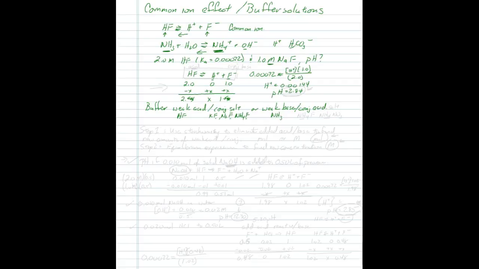The conjugate acid salt could be NH4F, NH4NO3, it doesn't matter as long as it starts with NH4 and it ionizes completely. So those would be examples of buffering pairs, things that can be made a buffer out of.